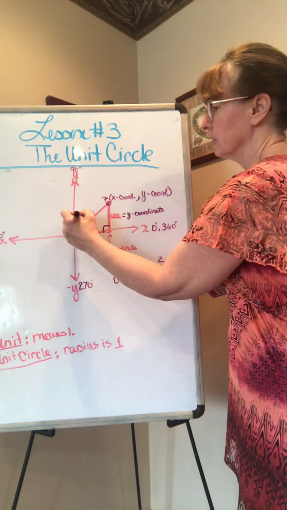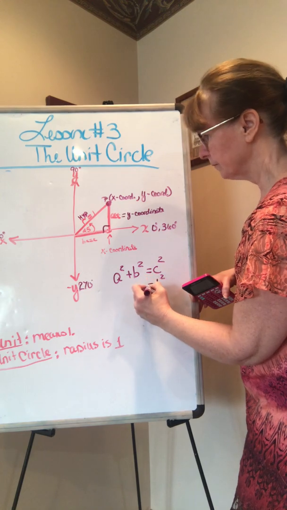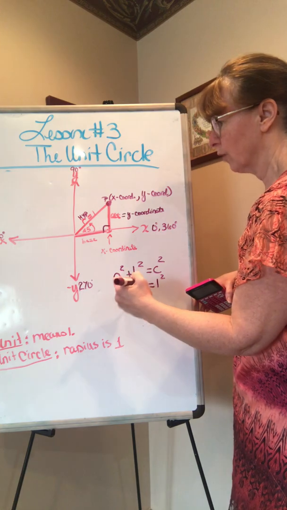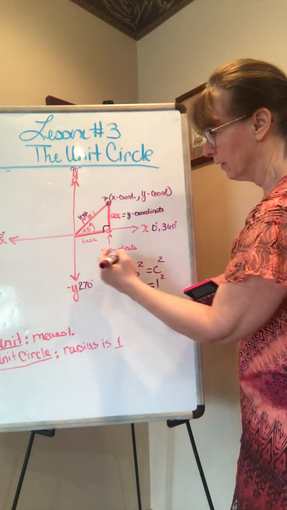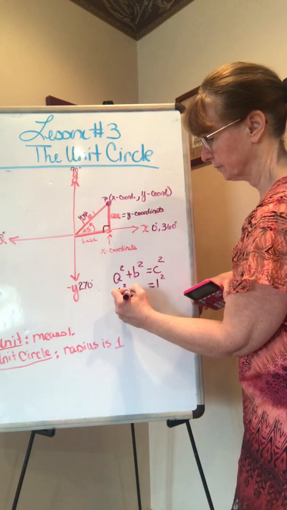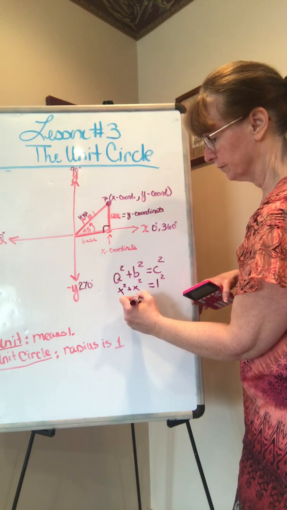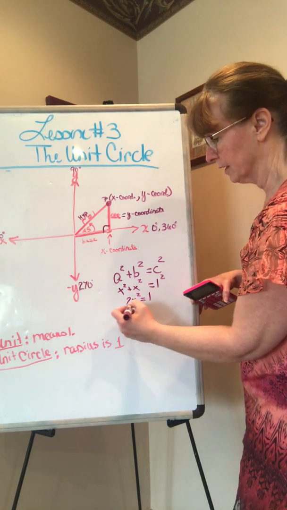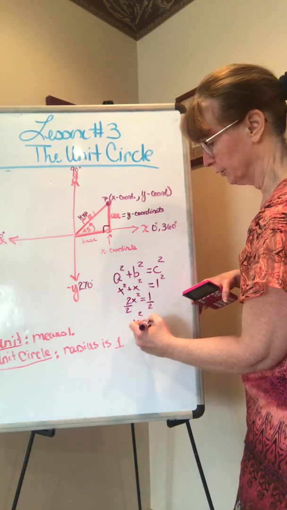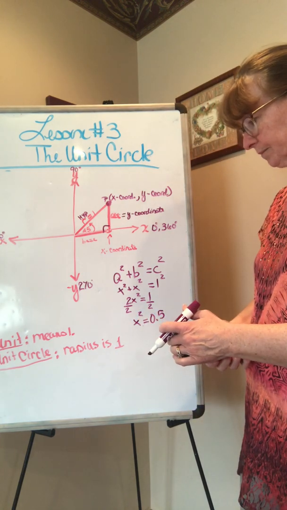The radius is the same as the hypotenuse. This is 1 squared. The base and the altitude, I don't know what they are, so I am just going to call them both, for right now, x, because I don't know how long this is and I don't know how long this is. Well, x squared and x squared, or 2x squared, is equal to 1 squared, which is 1. And divide by 2, I get x squared is equal to 0.5, terminating decimal. So right now I'm just going to leave it at that.